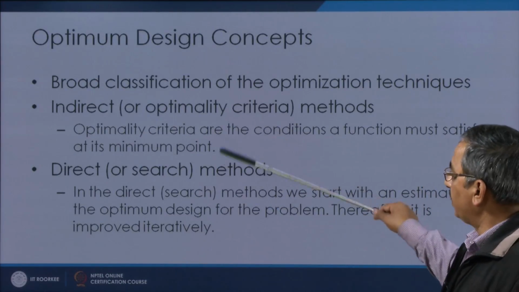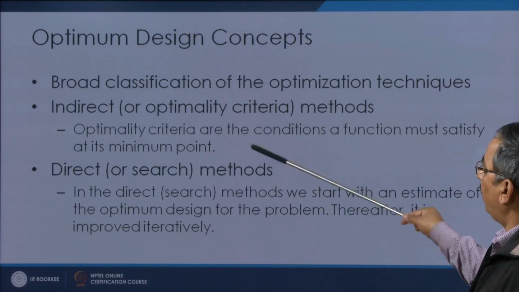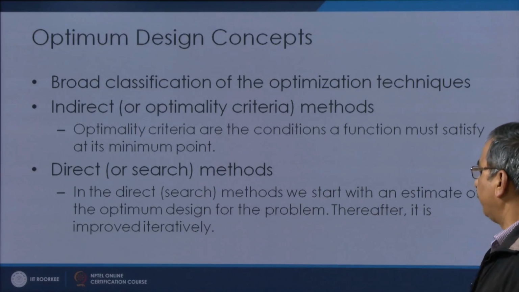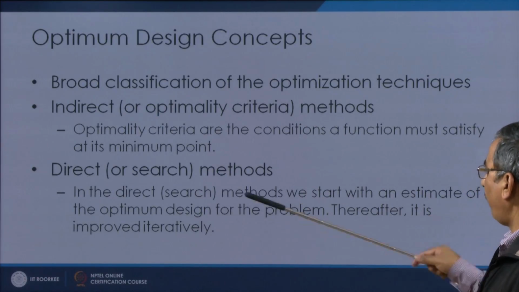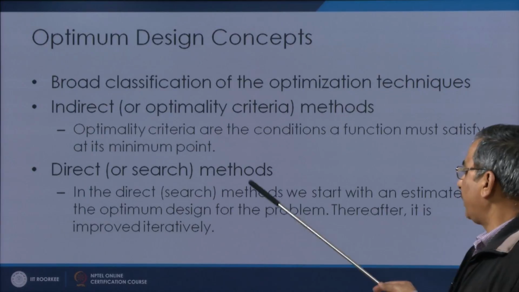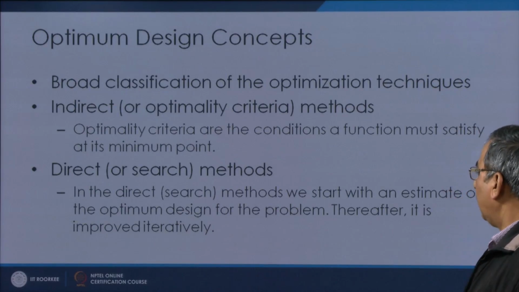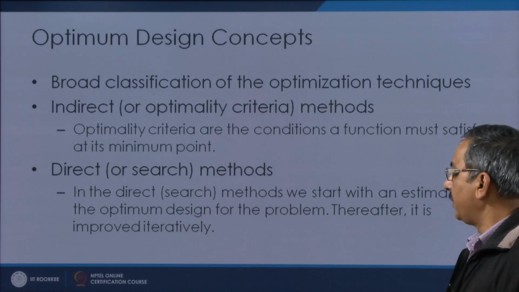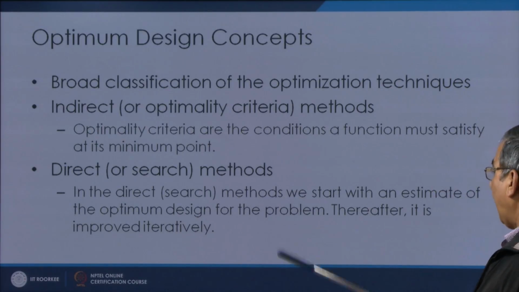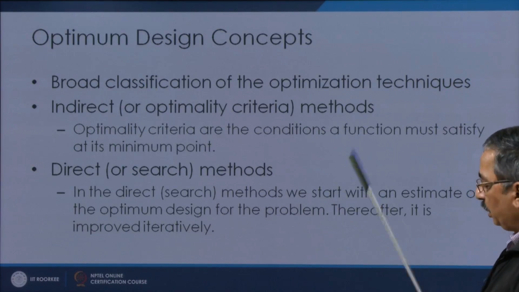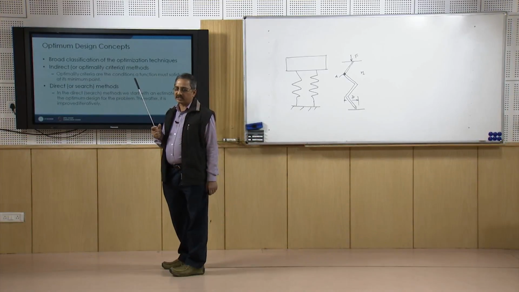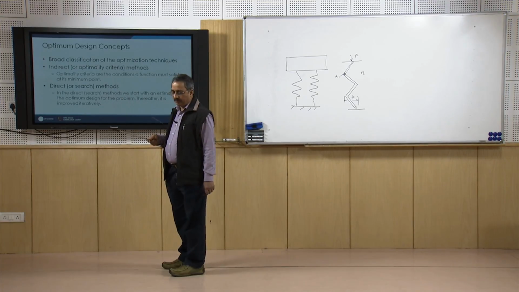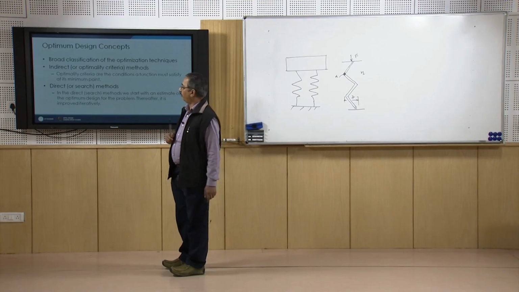So, it is based on this that we decide upon the optimum value. And in case of the direct or search method, what is done is that we start with an estimate of the optimum design for the problem, and thereafter we keep on narrowing down our search area, and iteratively we try to reach an optimum value.